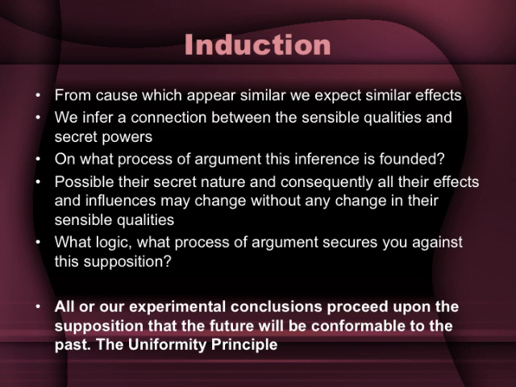Because if there was a secret power that we could infer, that could be argued from the color, consistence, or other sensible qualities of bread into nourishment, then we wouldn't need experience. Rationalism can't do that. So now he's going to see, well, how does rationalism come to these conclusions without this medium?